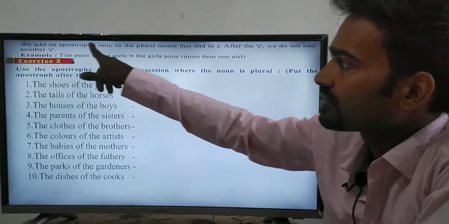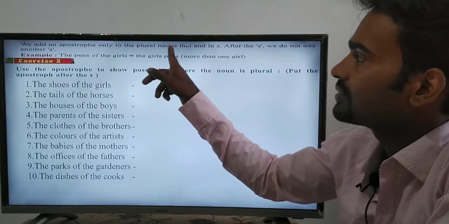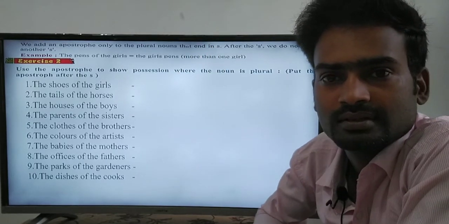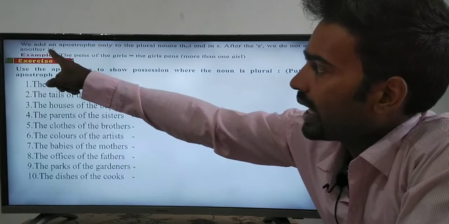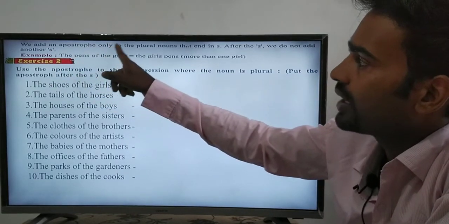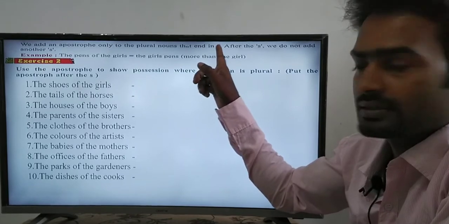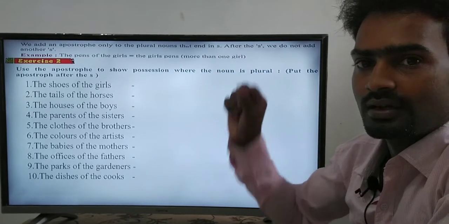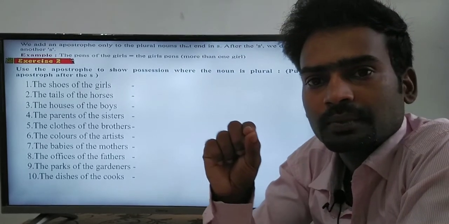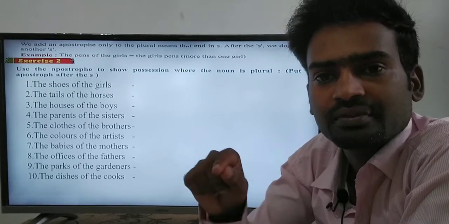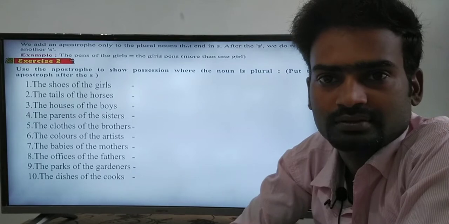We add an apostrophe only to the plural nouns that end in s. Read once again: we add an apostrophe only to the plural nouns that end in s, right? So when the plural noun ends in s, we use the apostrophe afterwards.